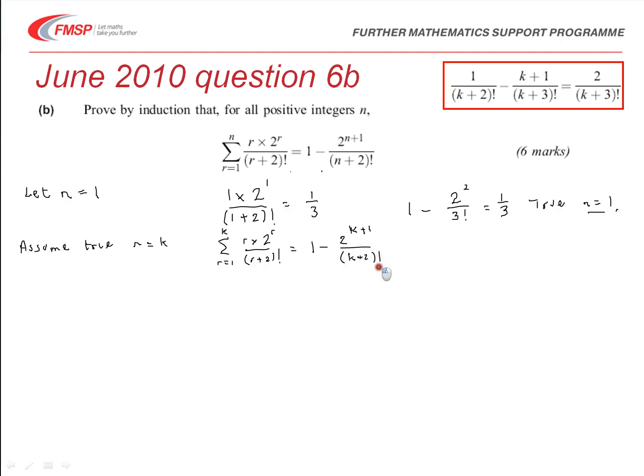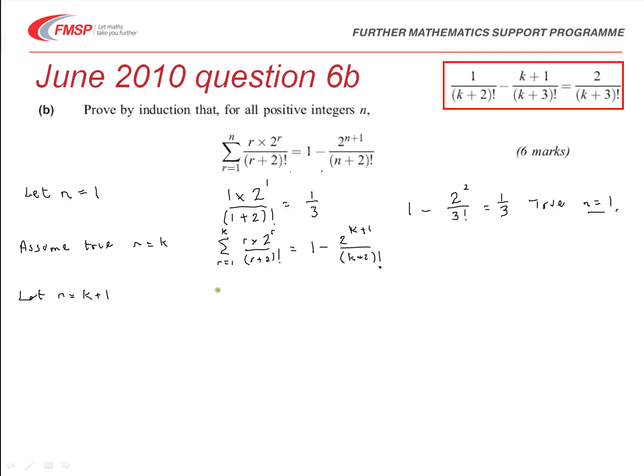So that's the statement that we're assuming is true. Now we're going to let n equal k plus 1, and we're going to try and show that the statement is also therefore true for n equals this value.